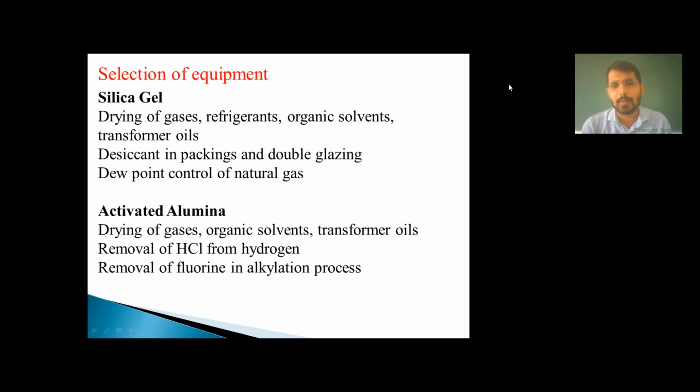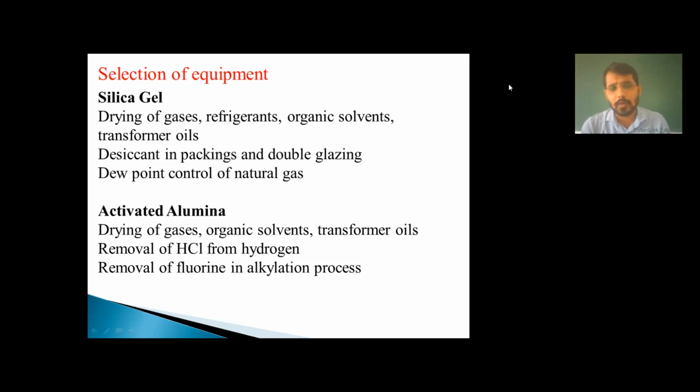Lastly, activated alumina. This is also a good adsorbent, which is also used for the drying of gases, organic solvents and transformer oil. After that, removal of HCl from hydrogen is possible by using activated alumina.